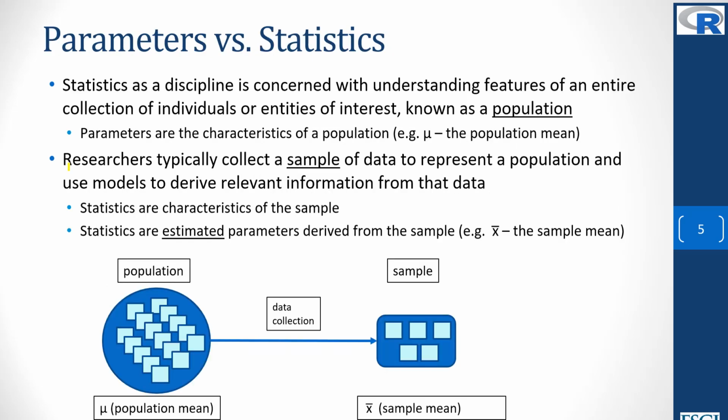And we need to distinguish between parameters and statistics for our terminology. A parameter is a derivation of characteristics of a population. The population is the entire collection of the test objects that we're working with, whether it's people or flowers or insects. When we do parameters for a population, we would be determining the characteristics of that population. One example is the population mean using the Greek letter mu, and we can calculate that for a population, but we typically don't work with the population.